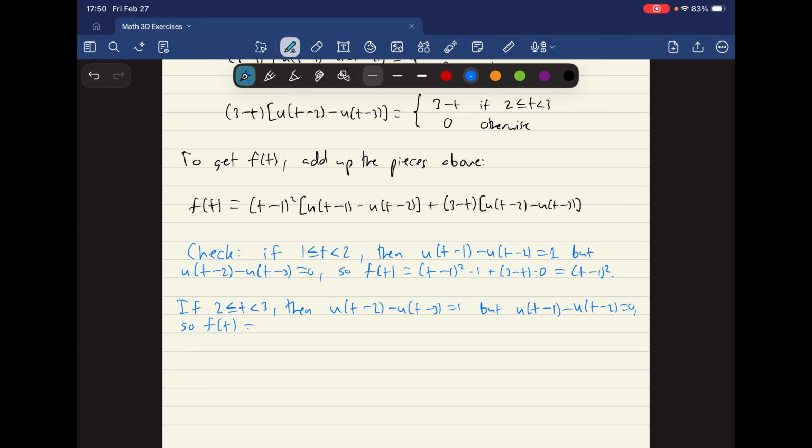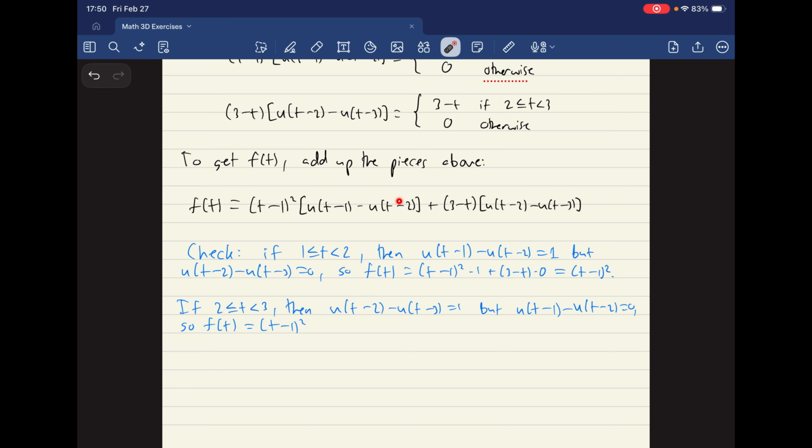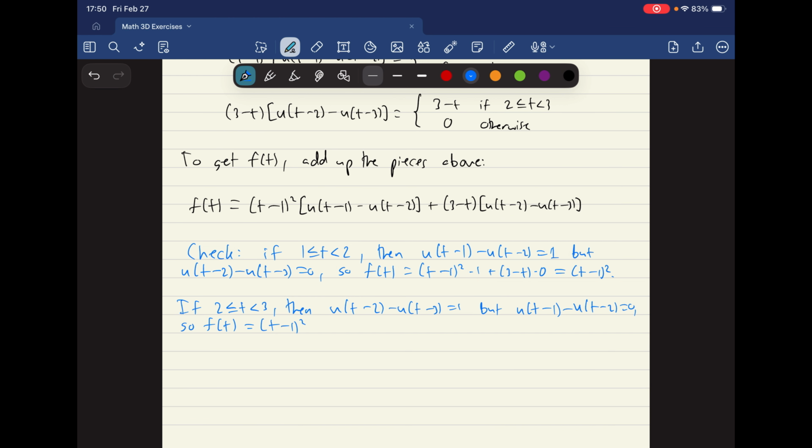And therefore, when we calculate, this will be 0, this will be 1, so we get t minus 1 squared times 0 plus 3 minus t times 1, which is 3 minus t. Nice. And then finally, we should check what happens when t is anything else.